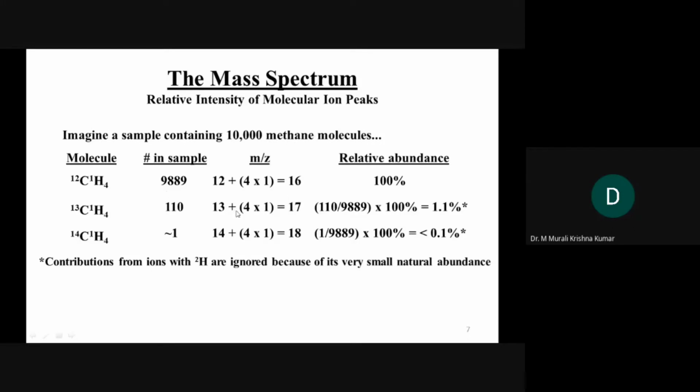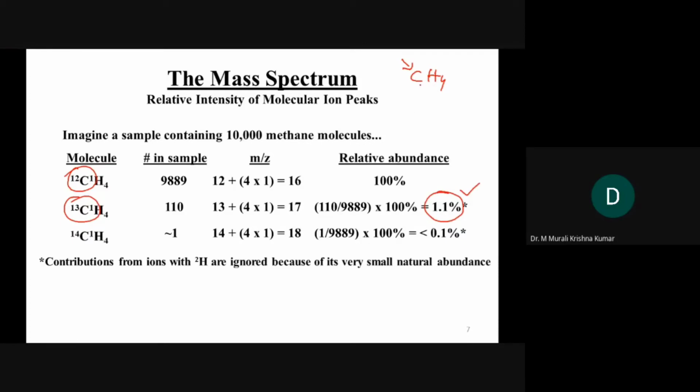Now, if you see in this calculation, a simple logic is, let's say we have one carbon in the molecule, meaning CH4, only one carbon is there, then the M plus 1 contribution will be 1.1%.